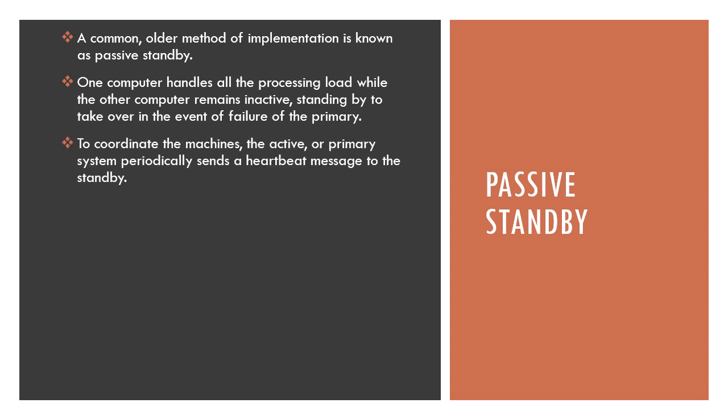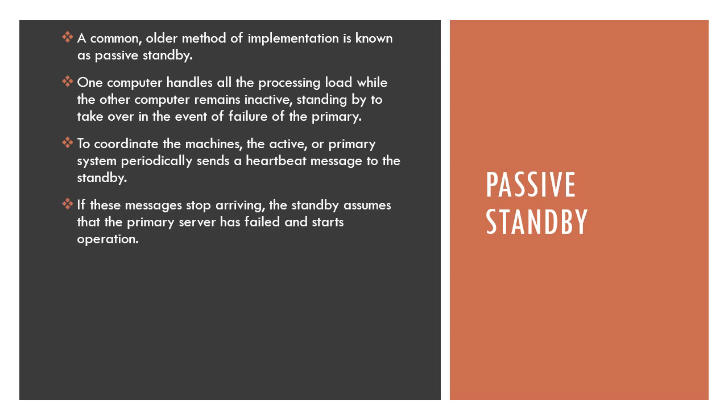To coordinate the machines, the active or primary system periodically sends a heartbeat message to the standby. If these messages stop arriving, the standby assumes that the primary server has failed and starts operation. This approach improves availability but not performance.